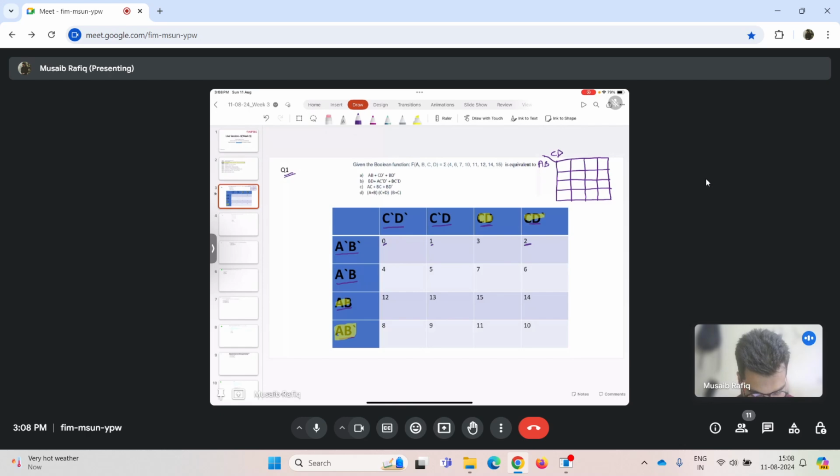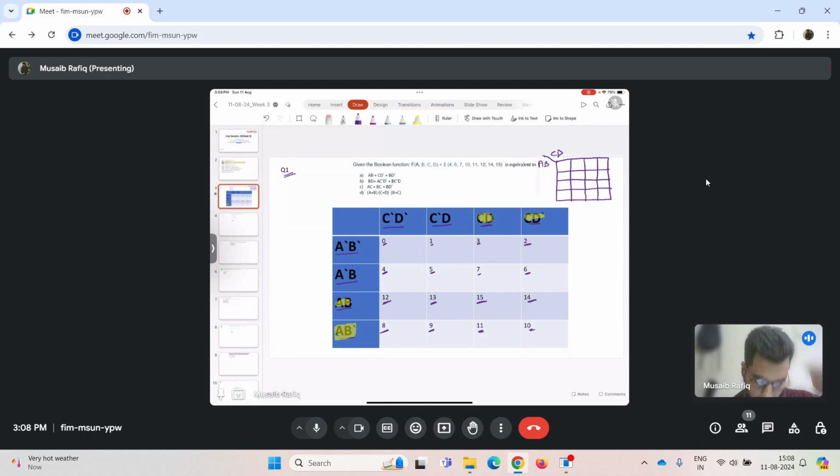Keep this in mind. And we have 3. After that we have 4, 5, similarly 6 here and 7 here, and then 8 here, 9 here, 10 here, 11, and 12 here, 13 here, 15 is here, mind it, 15 is here and 14 is here. Now we have the corresponding minterm values as well.